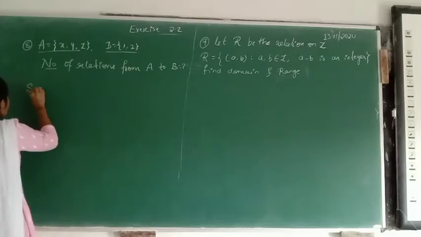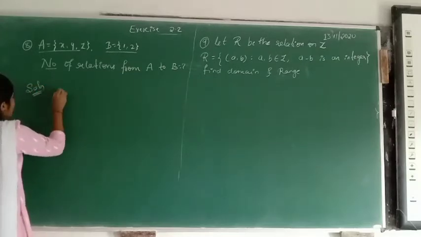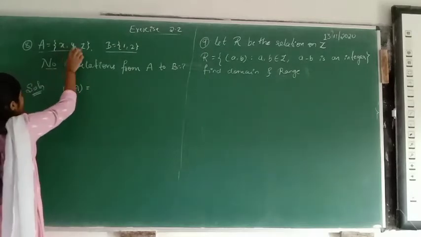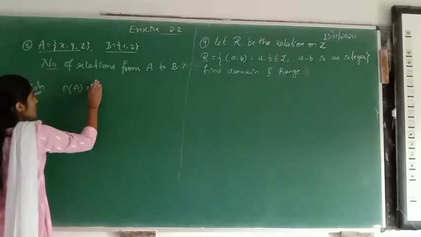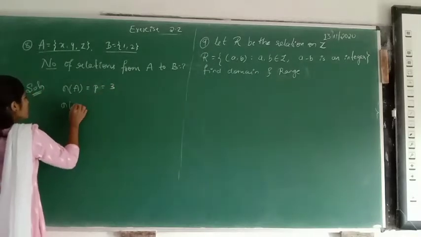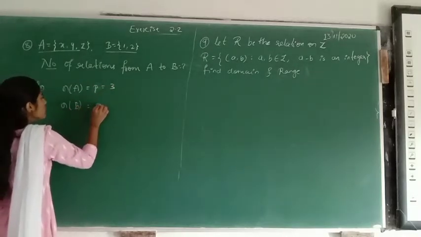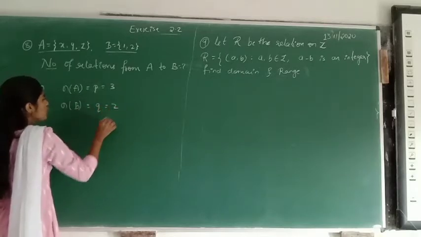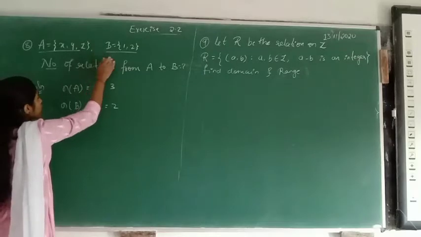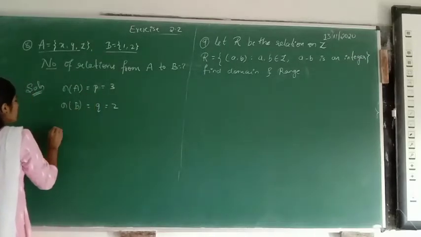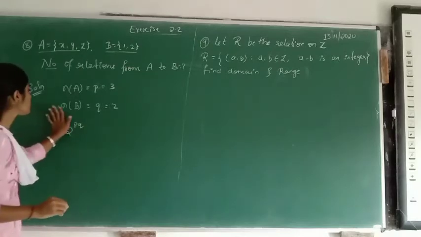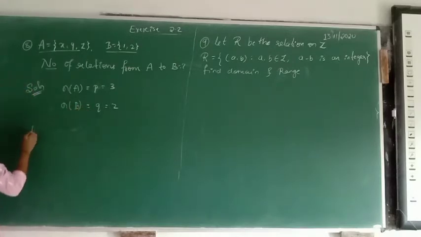See, I told you one formula: whenever the number of elements in set A is some P, that is 3, and the number of elements in set B is some Q, that is 2, the possible relations from set A to B is 2 to the power P into Q.